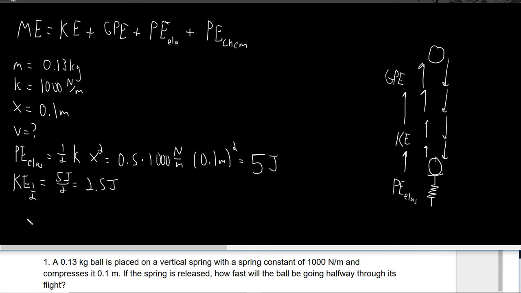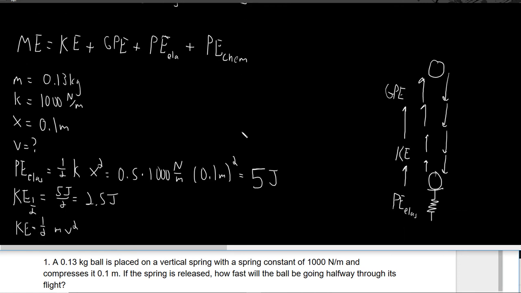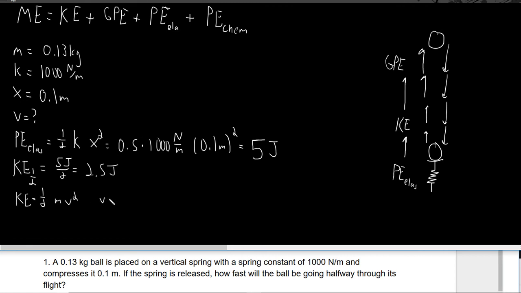So now I can go back through and use KE equals 1/2 mv squared. Or if I wanted to cheat a little bit, I know that v is equal to the square root of kinetic energy over 1/2 m. All right, so in this case, 2.5 joules over 0.5 times the mass.